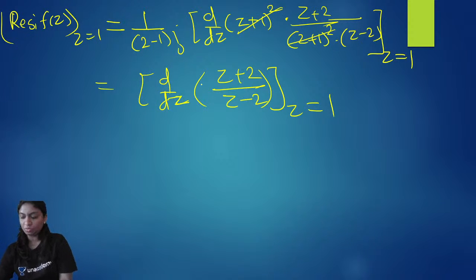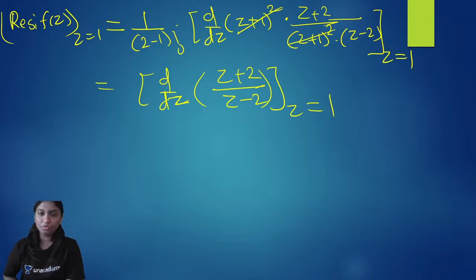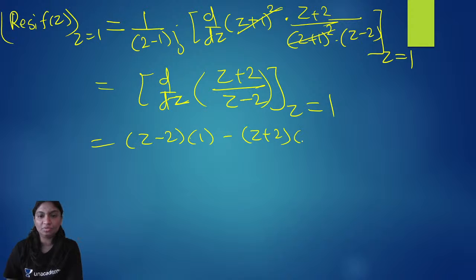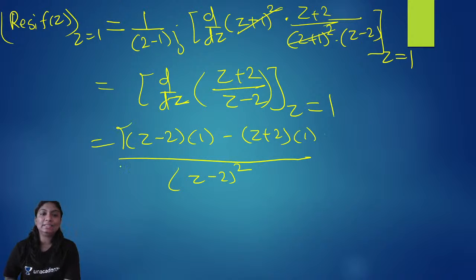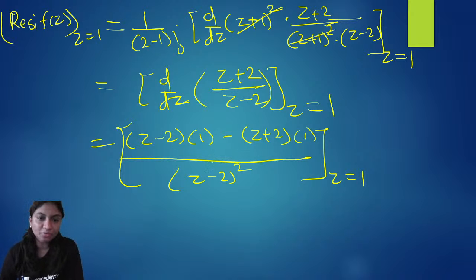So for z plus 2 upon z minus 2, differentiate with respect to z. We get (z minus 2) into the derivative of z plus 2, which is 1, minus (z plus 2) into the derivative of z minus 2, which is 1, upon (z minus 2) whole squared, at z is equal to minus 1.